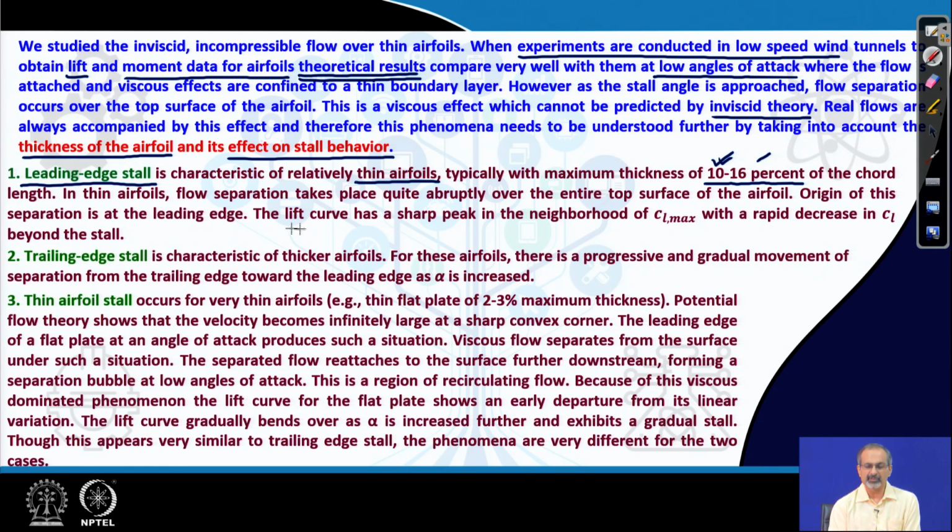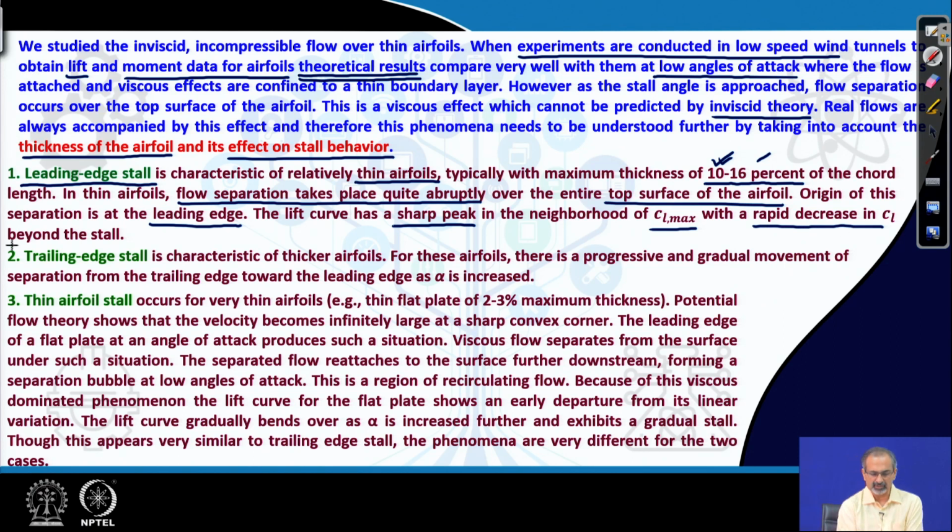In such airfoils we see leading edge stall, where the flow separation takes place quite abruptly, of course on the top surface of the airfoil, which is facing the adverse pressure gradient, and the origin of that separation is the leading edge of the airfoil. Then the lift curve drops sharply in the neighborhood of the maximum CL, leading to rapid decrease in CL beyond the stall.